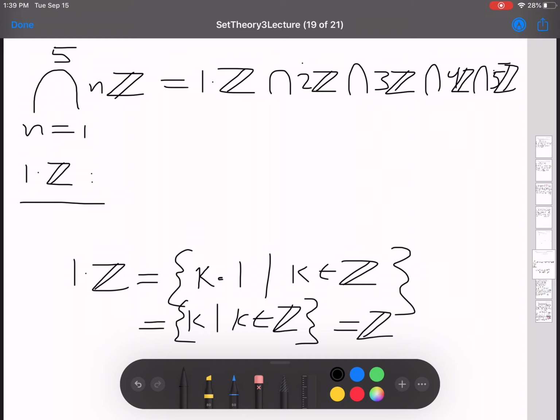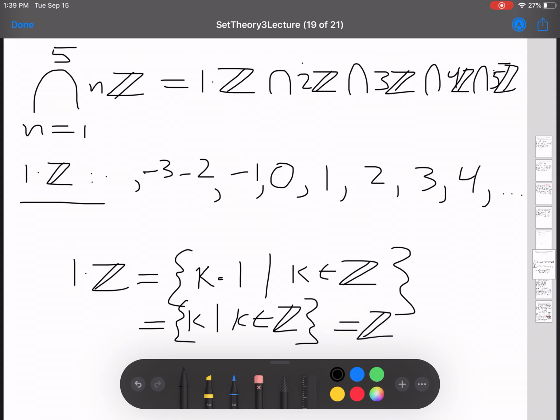All right, let me write out some of these. Let's say 0, 1, 2, 3, 4, -1, -2, -3, -4, and so on.